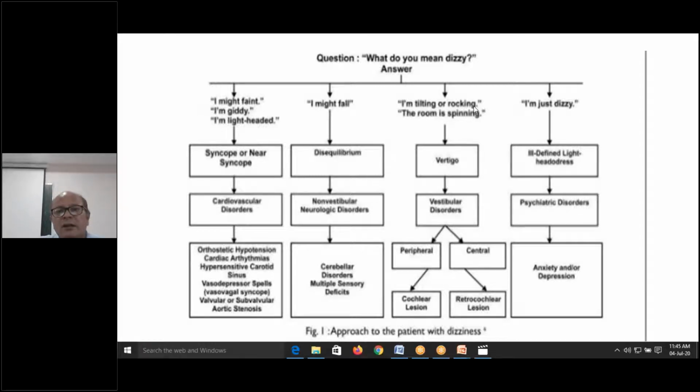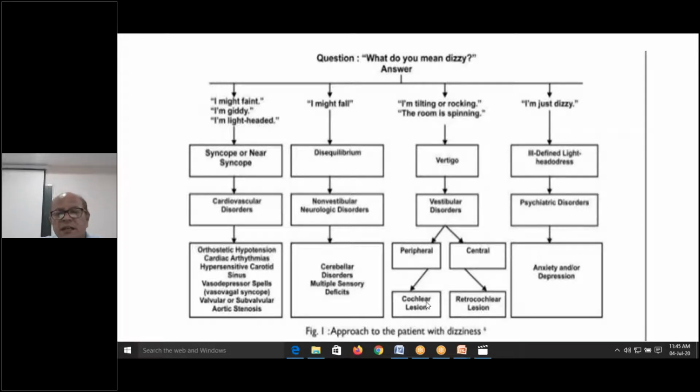I am tilting, rocking, the room is spinning, or I am spinning. This is the true vertigo. See, among all of these, only one is written as vertigo. This is known as the true vertigo. And here mostly it is a vestibular disorder which may be peripheral or central.